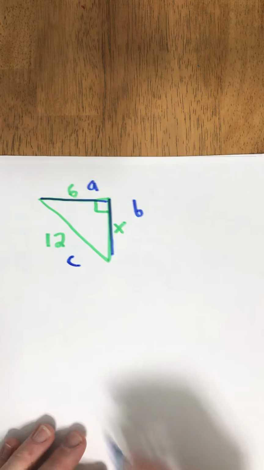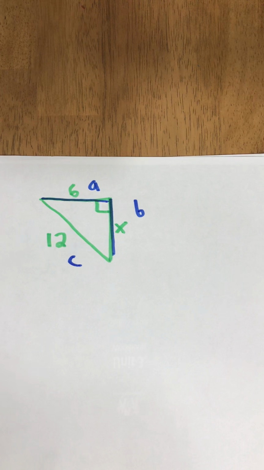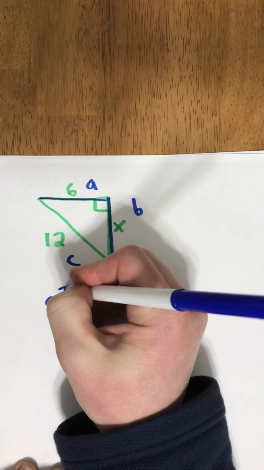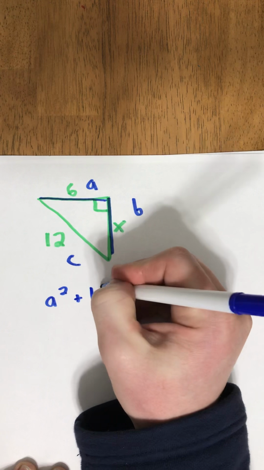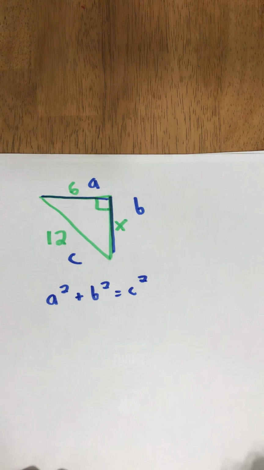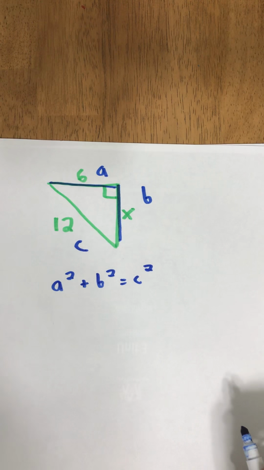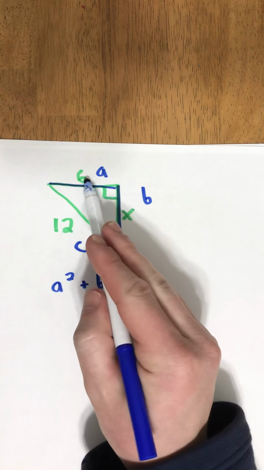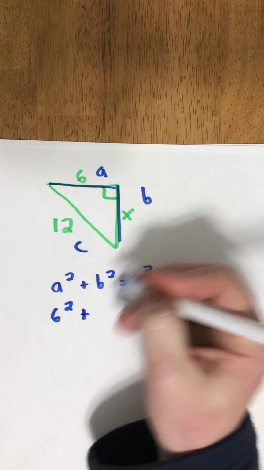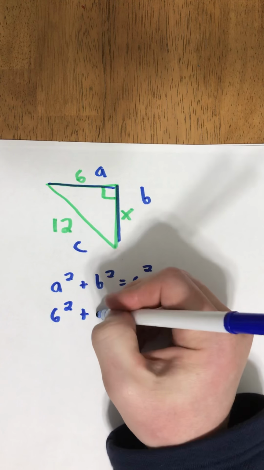Your C, your longest side, your hypotenuse, is going to be 12 here. So our Pythagorean theorem, a squared plus b squared is equal to c squared. We're going to plug in the values for a, b, and c. A we can see is 6. B is going to be our x.